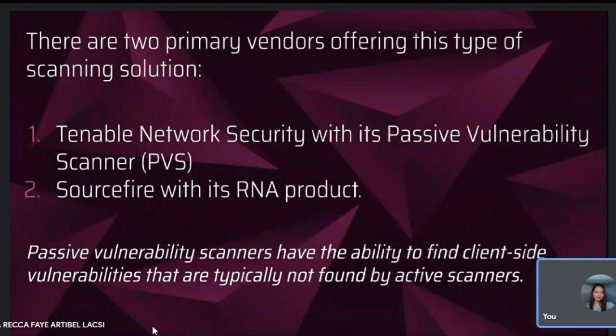There are two primary vendors offering this type of scanning solution. First is Tenable Network Security with its Passive Vulnerability Scanner, or PVS, and second is SourceFire with its RNA product. Passive vulnerability scanners have the ability to find client-side vulnerabilities that are typically not found by active scanners.